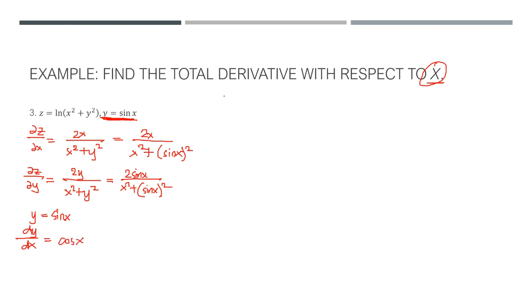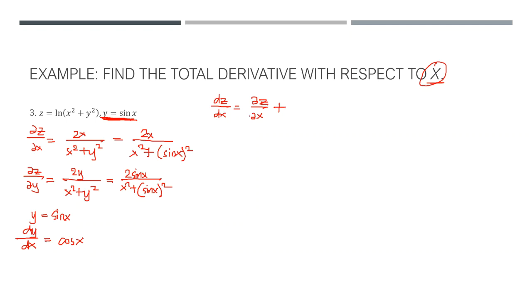Okay, so in order for us to find the total derivative of z with respect to x, we have dz over dx, which is equivalent to the partial derivative of z with respect to x. And since there's no need for us to cancel the dx here in the denominator, we will not be multiplying anything to the partial derivative of z with respect to x.